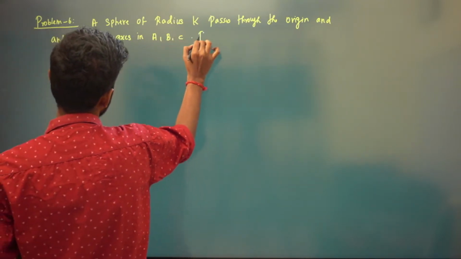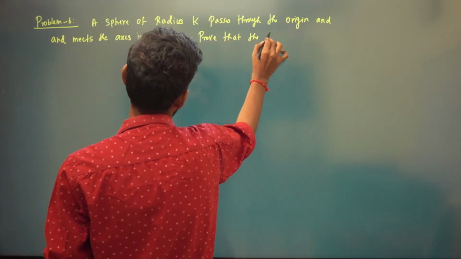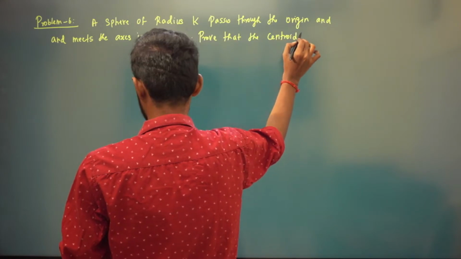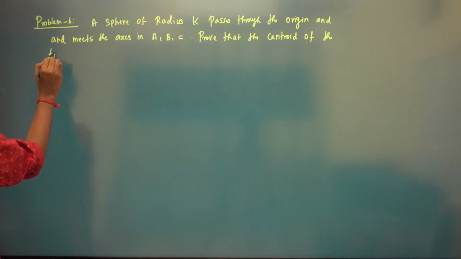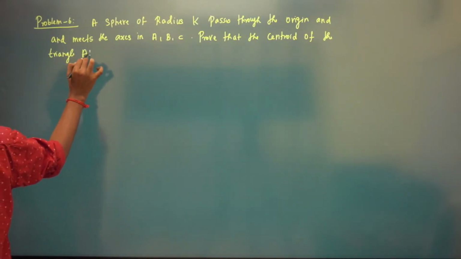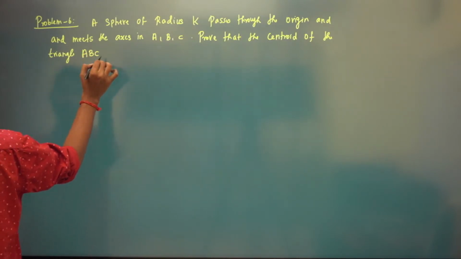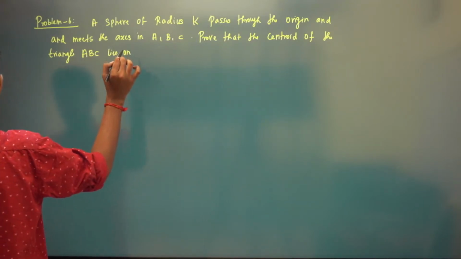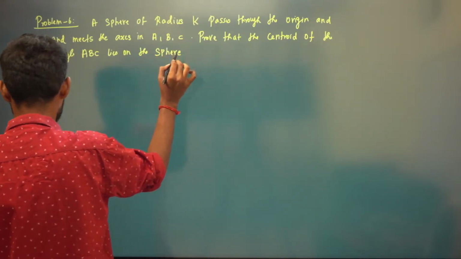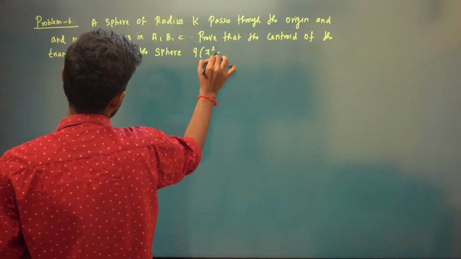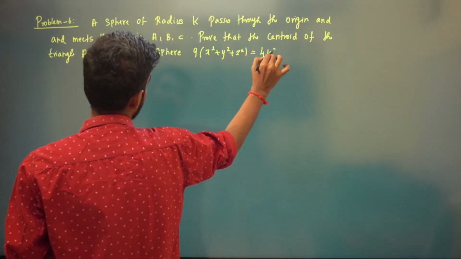Prove that the centroid of the triangle ABC lies on 9 times (x square plus y square plus z square) is equal to 4k square.